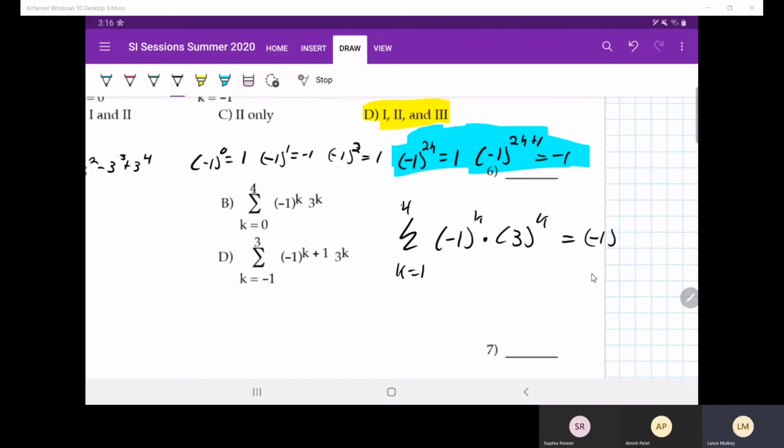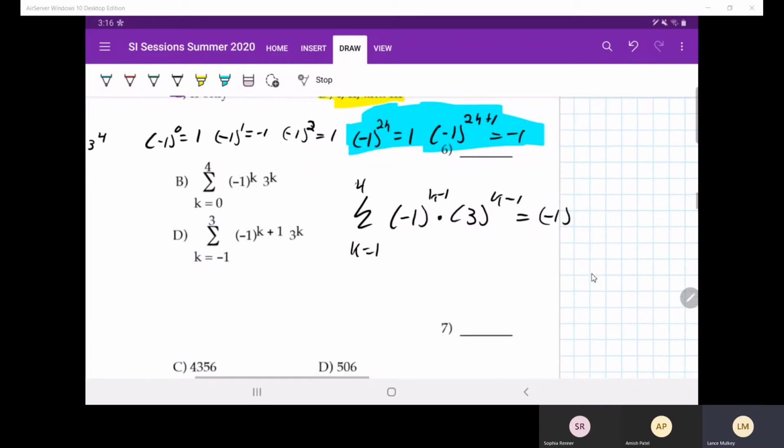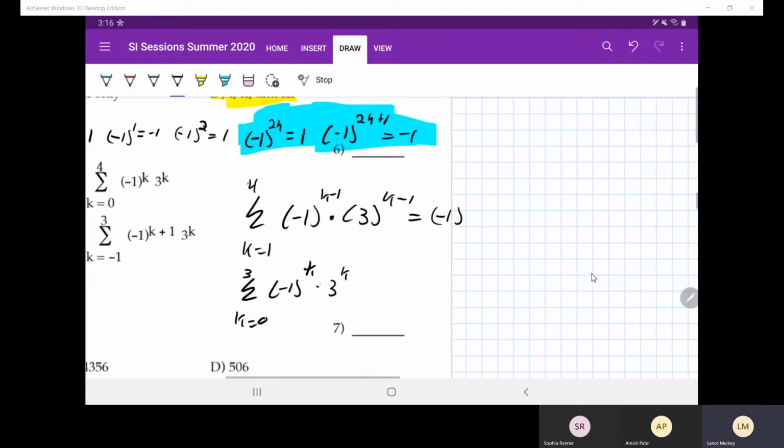You can do that, or you can say that too. -1 to the 0 power times 3 to the 0 power, which equals 1 times 1, which equals 1.